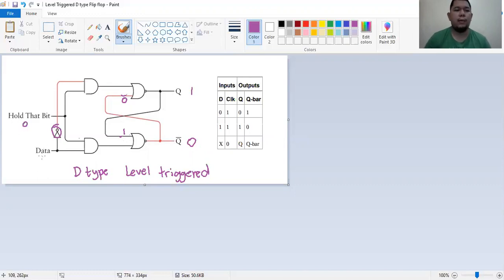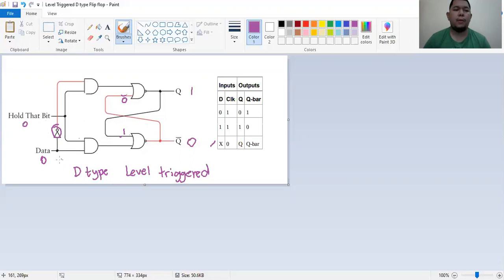Regardless of whether we change the data to 1, okay, let's change the data to 0. We'll be testing this in this truth table. Theoretically, if we don't level trigger the hold that bit to 1, the output remains the same.